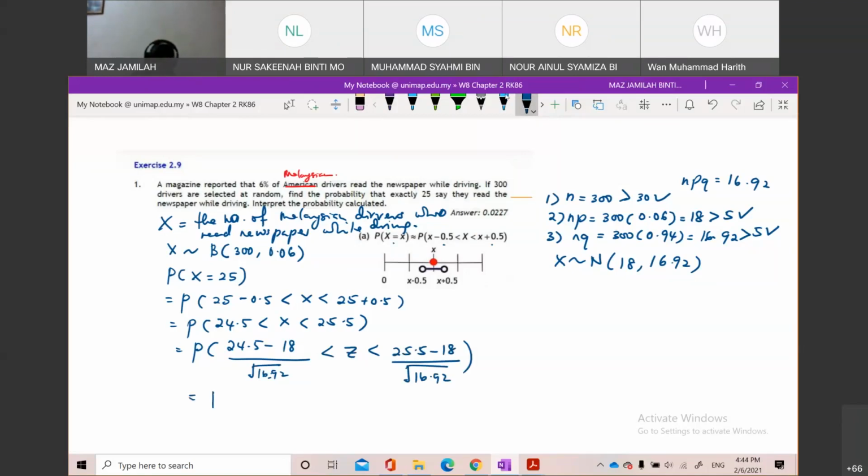So you will get 1.82, and for 24.5 you get 1.58.